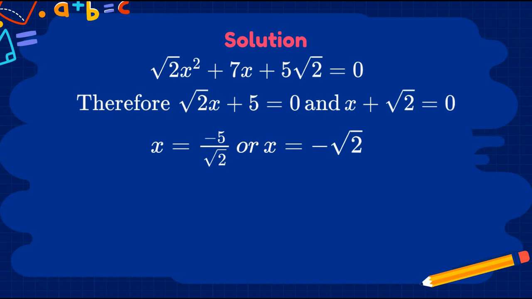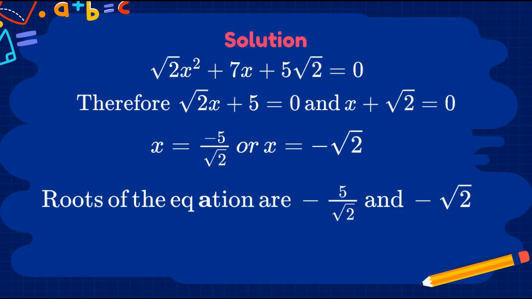If we take it to the right hand side, it will become minus root 2. The second value of x is minus root 2. So x can be either minus 5 by root 2 or minus root 2. So yeah, we have finally got the roots of the equation, which are minus 5 by root 2 and minus root 2. So we have successfully completed this problem also very easily.